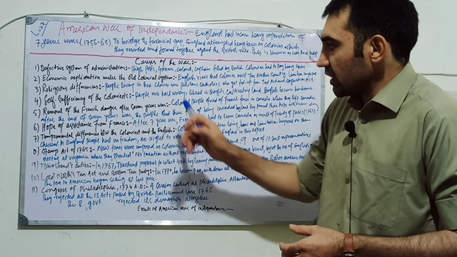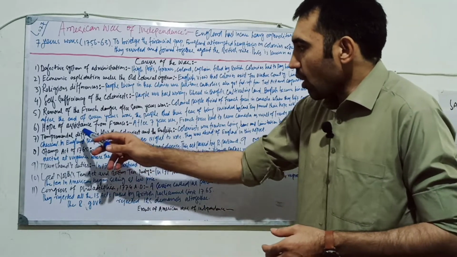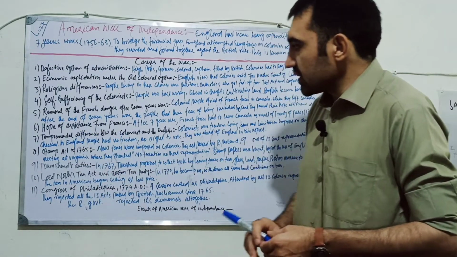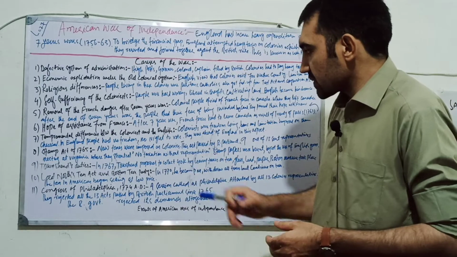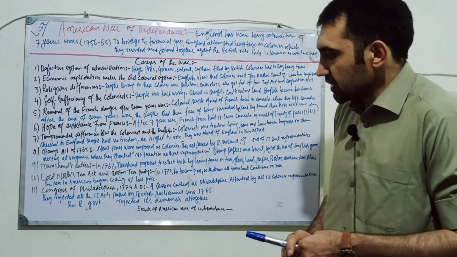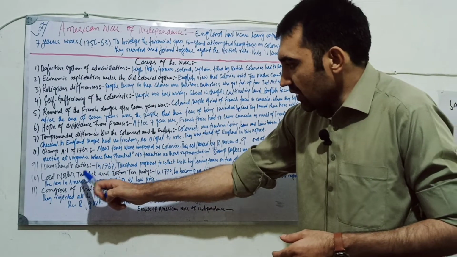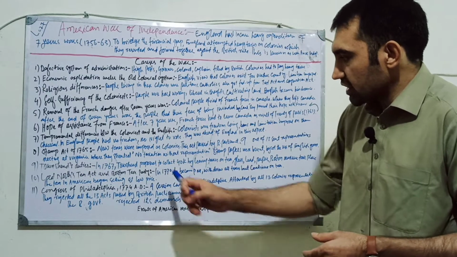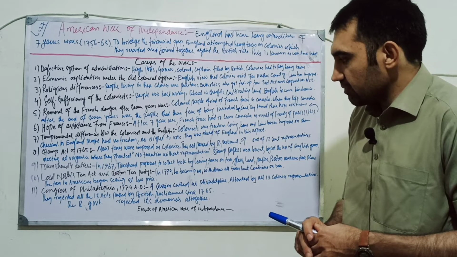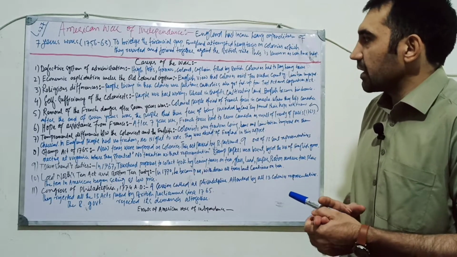Self-sufficiency of the colonists, removal of the French danger of the 7 Years' War, hope of assistance from France, temperamental differences between the colonists and the English, Stamp Act of 1765, Townshend's Duties, Lord North's Tea Act and Boston Tea Party, Congress of Philadelphia 1774, and then the events of the American War of Independence.